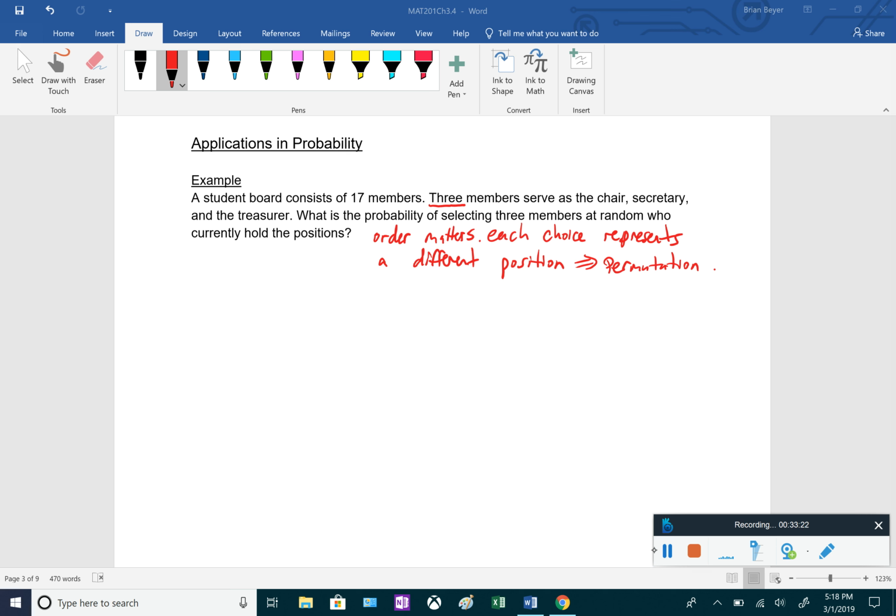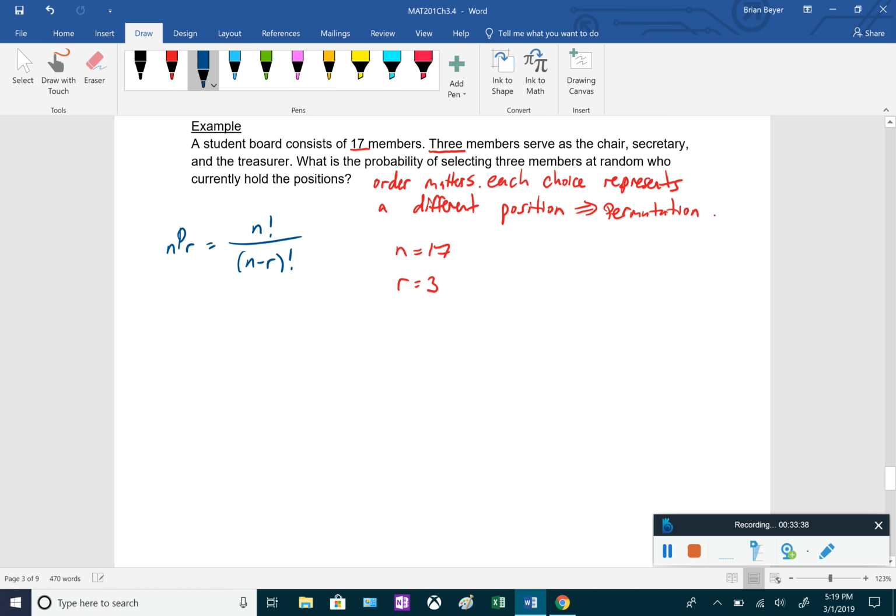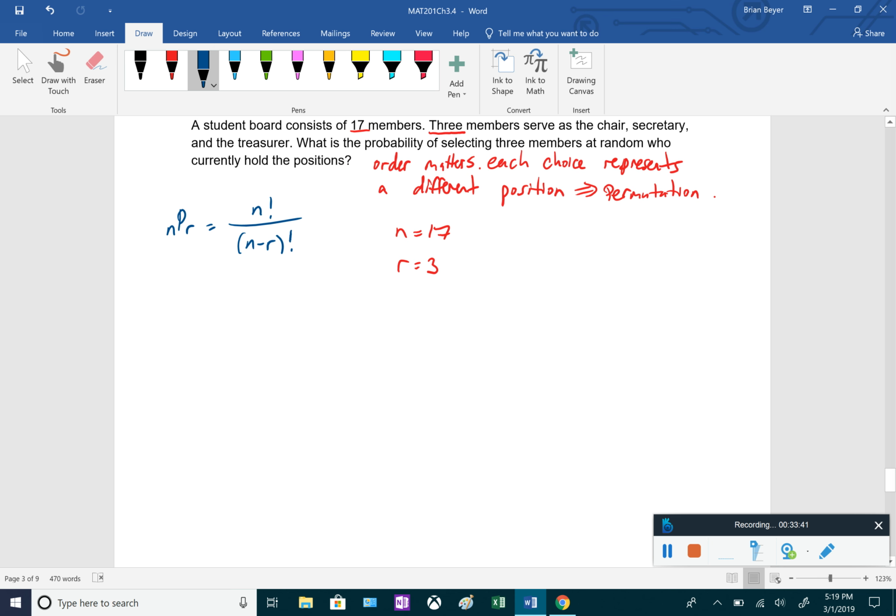So setting this up, we know that n is going to be 17. r is going to be 3. So this is going to be nPr, which is n factorial over n minus r factorial. So it's 17P3, 17 factorial over 17 minus 3 factorial.